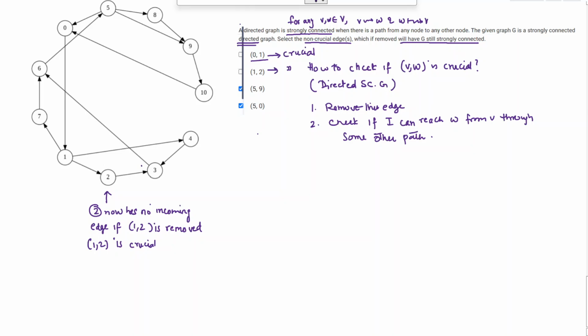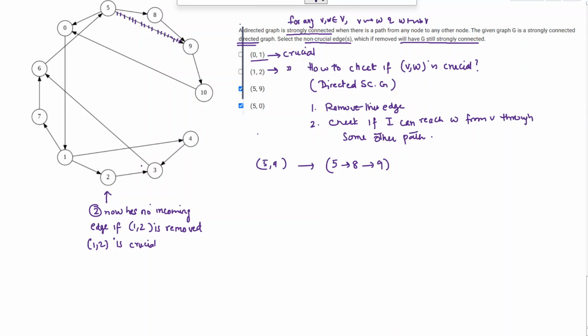What about the edge 5 comma 9? Let me remove this 5 comma 9, and you can observe that even if I remove 5 comma 9, I can still reach 9 from 5 through 8. 5 to 8 to 9, this is still a path, right? What does that mean?